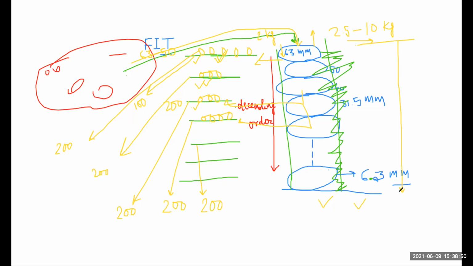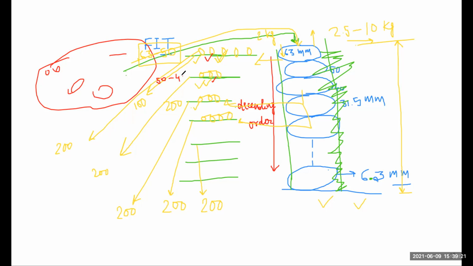Retained on these sieves, so we make a fraction. The aggregate which is passing through 63 mm and retained on 50 mm, we take here, we take aggregates in this manner. We also take aggregate which is passing from 50 but retained on 40.